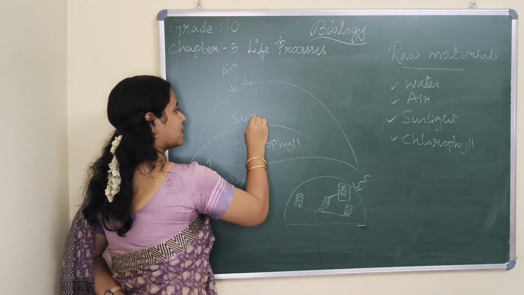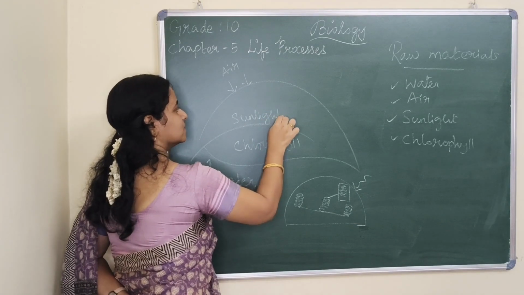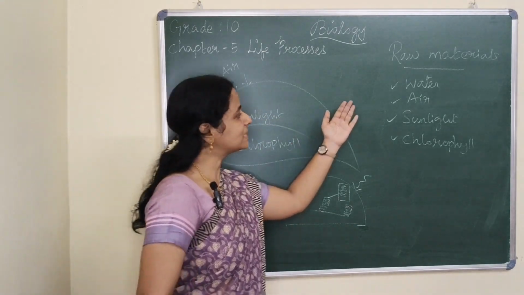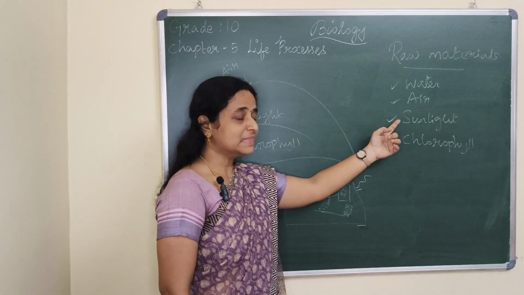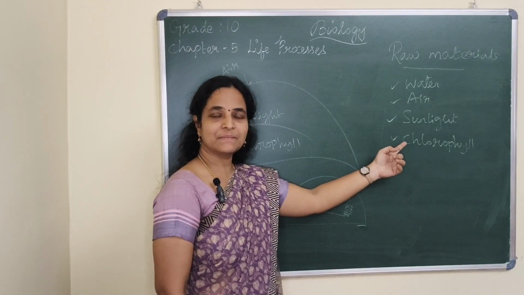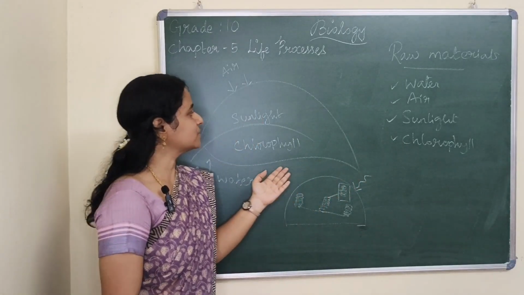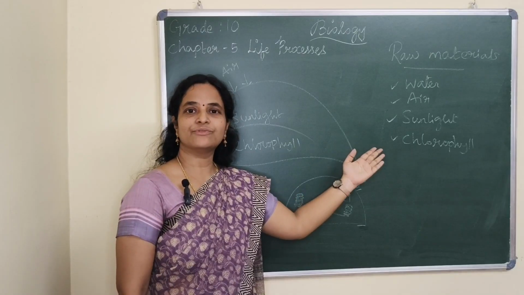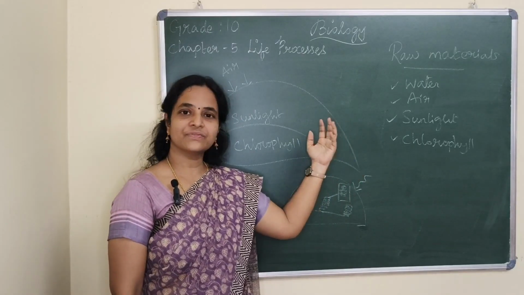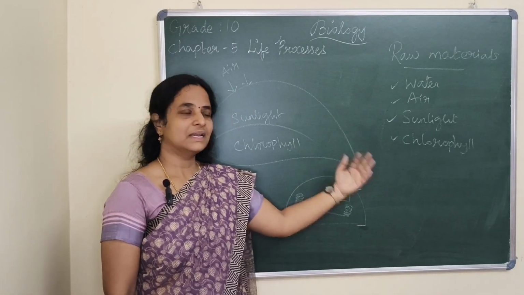So now you got sunlight too. So we got all the three raw materials. We got water, we got air, in the presence of chlorophyll. So what is the main function of chlorophyll? To trap sunlight. So we got all the raw materials, which is the food for plants. So we have three steps involved here. Let me tell you.